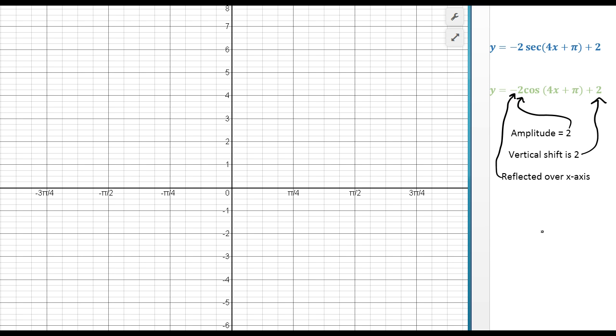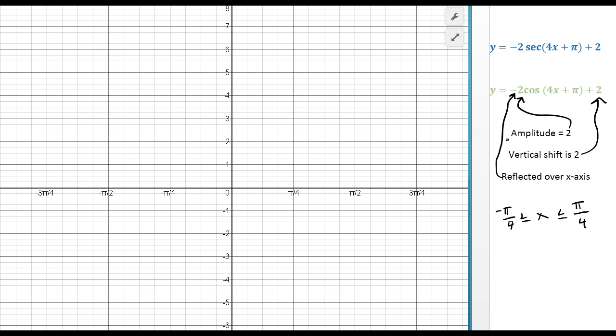I also know that my period is going to go from negative pi over 4 less than or equal to x less than or equal to pi over 4, because we calculated that on the previous slide.